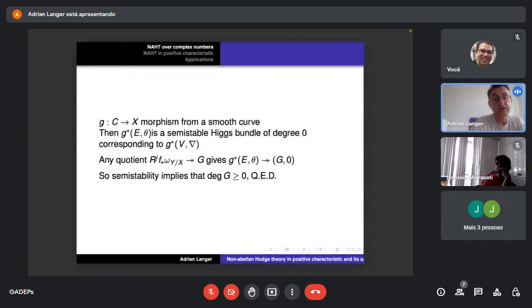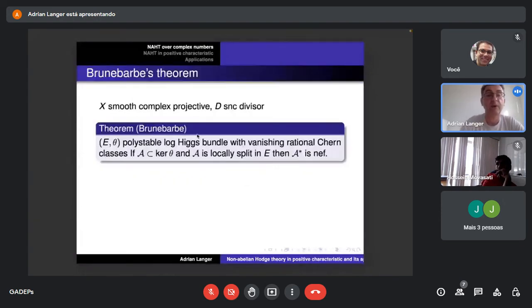So what you start with is a smooth complex projective variety with a simple normal crossing divisor D on this variety, and then what the theorem says is that if you have a polystable logarithmic Higgs bundle, so logarithmic means that it's taking into account this simple normal crossing divisor D. So the map theta is now from E to E tensored with logarithmic 1-forms on X with poles along this divisor D. So we now assume that this E has this condition of being polystable, which means a direct sum of stable ones with the same slope.